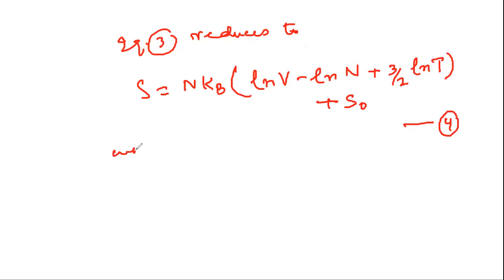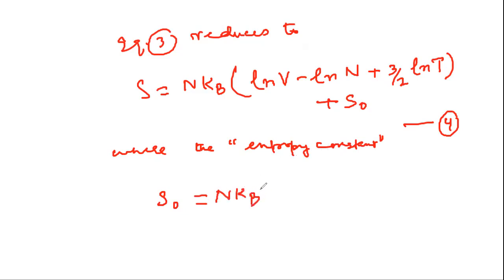where the entropy constant S naught is given by N KB times 3 by 2 ln 2 pi m kB by h square plus 5 by 2.